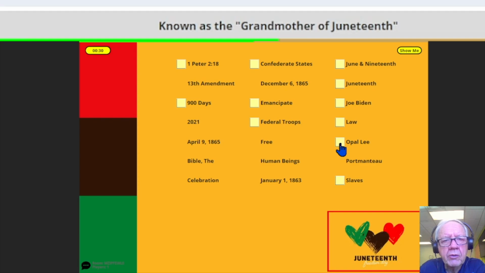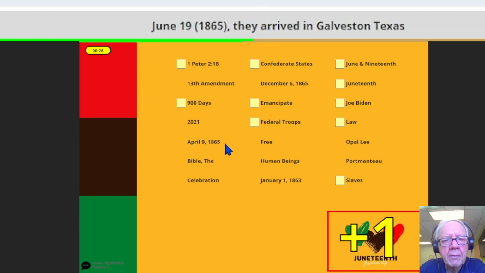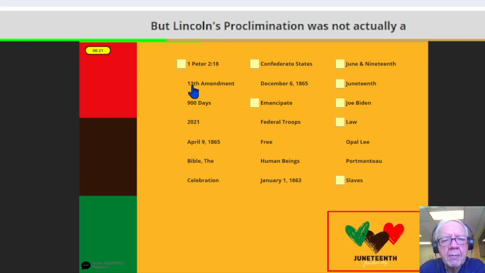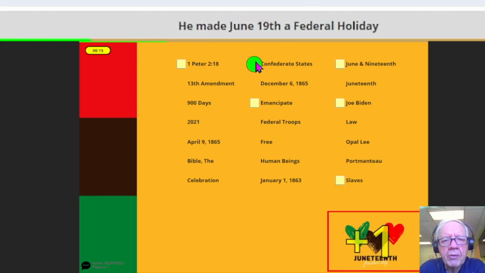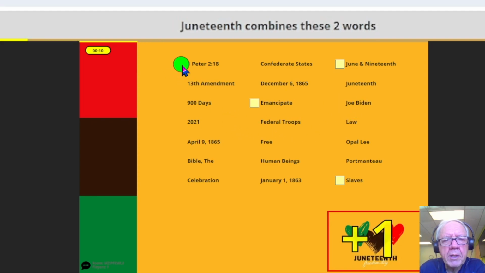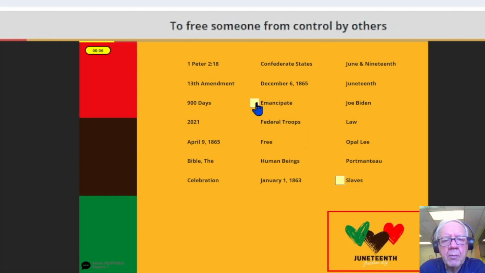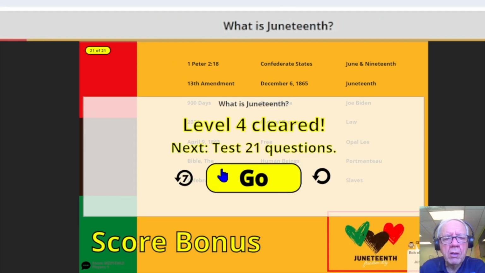Opal Lee was considered the grandmother of Juneteenth. The federal troops arrived 900 days after the Emancipation Proclamation, but the proclamation was not actually a law. This game is about Juneteenth, Confederate states. Joe Biden, 1 Peter, June 19th, to emancipate and slaves. Okay, we beat the clock.